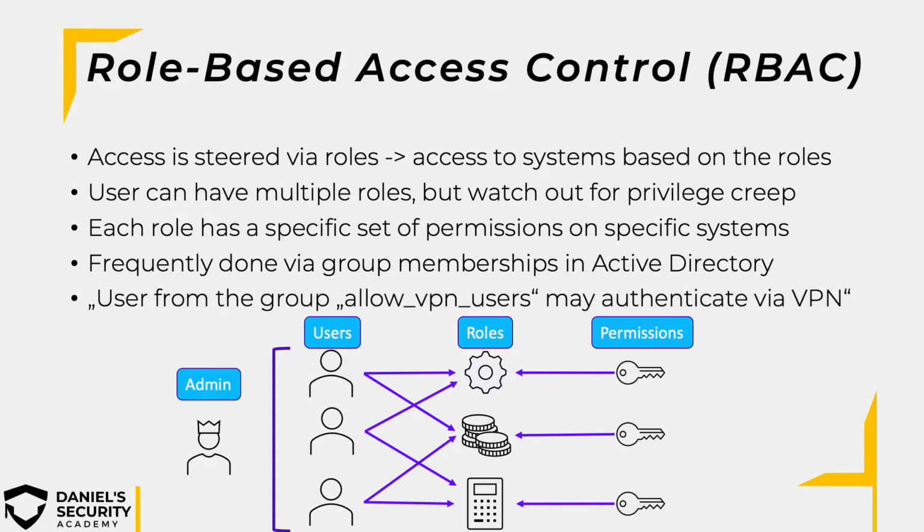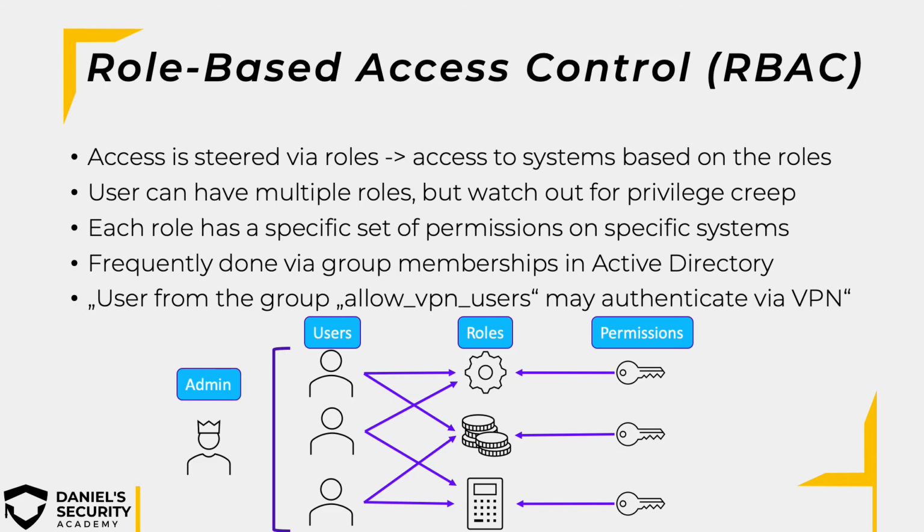One common example is that a user who is part of the group Allow VPN Users may authenticate via the corporate VPN connection. This is a very, very common use case for using such a role or group membership to determine what you are allowed to do and what you're not allowed to do.